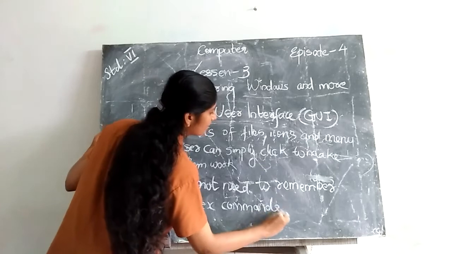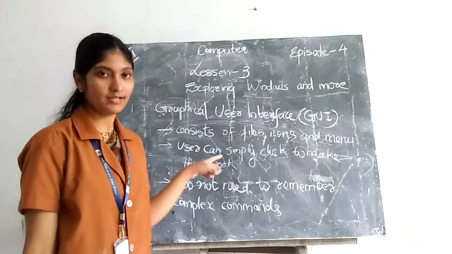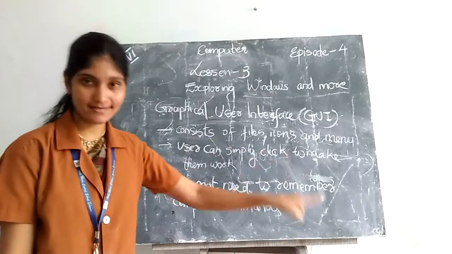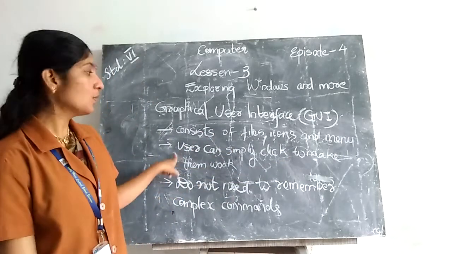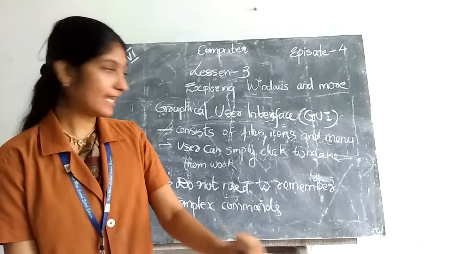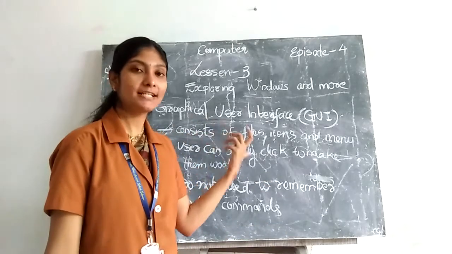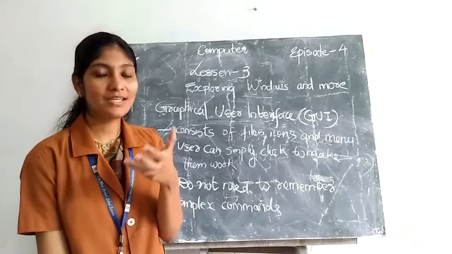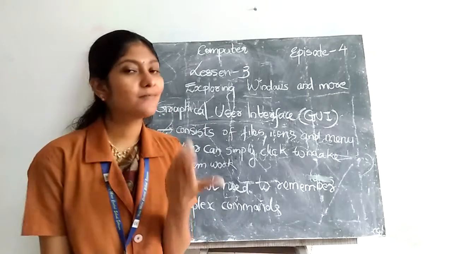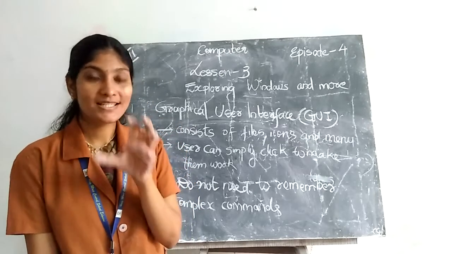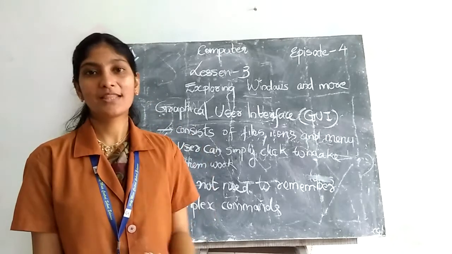So these are the 3 points in the definition of graphical user interface. First point, it consists of files, icons, etc. Then the user can simply click to make the computer work. When we double click a file, it will open, right? So it's very easy to work with a computer.